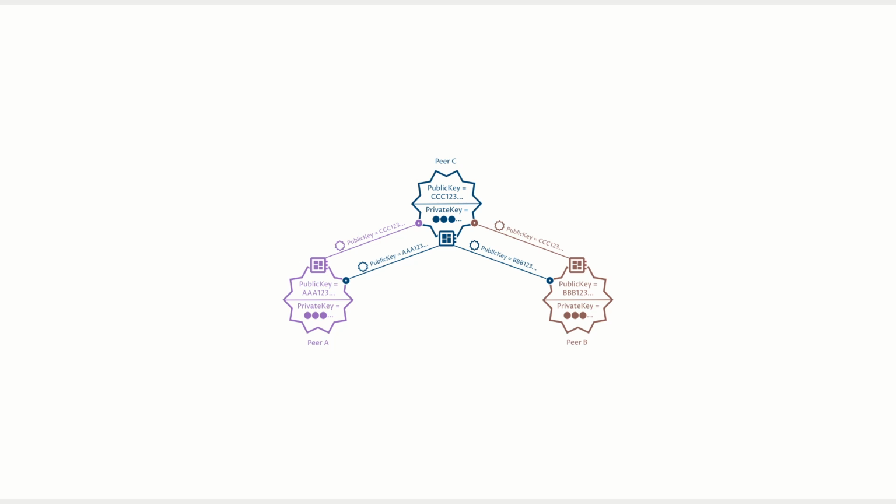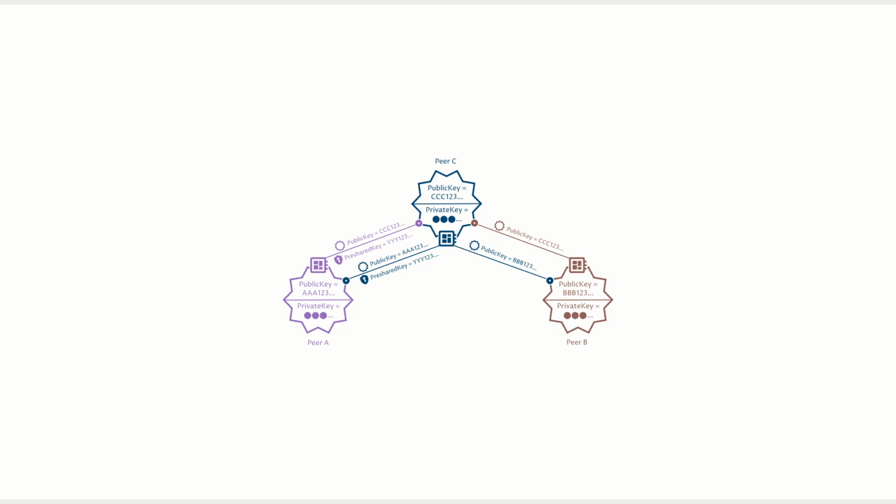Now you can also add a symmetric pre-shared key to each individual connection between two peers. So for the individual connection between peer A and peer C, we've added a secret pre-shared key between the two hosts, which can further strengthen the security of the encrypted tunnel between peer C and peer A. It's a shared secret, and you configure the local interface on both sides of the connection with the same secret key.